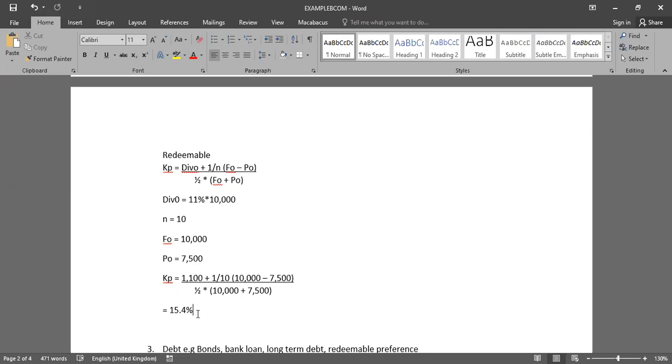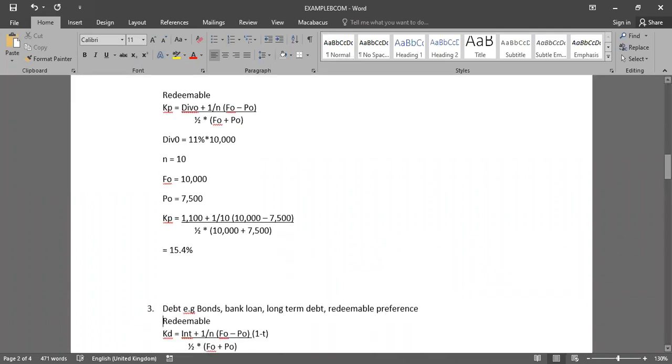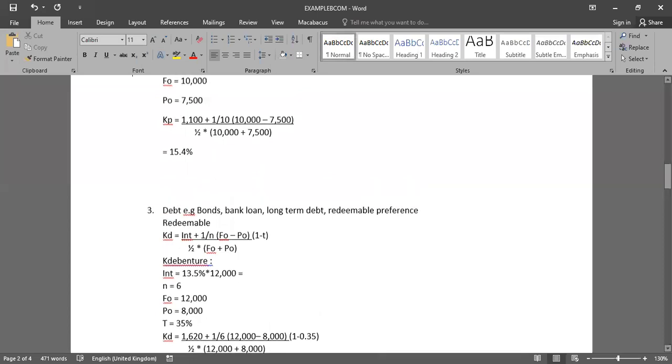Then you attach the specific cost of capital to each proportion, and you have your weighted average cost of capital when you aggregate the result. Let me share it here.